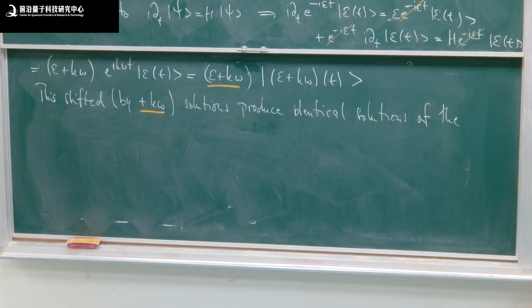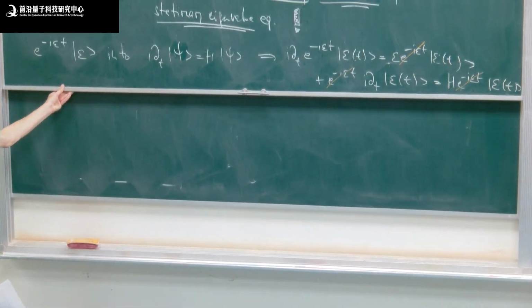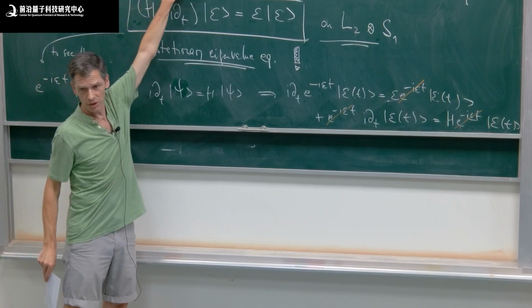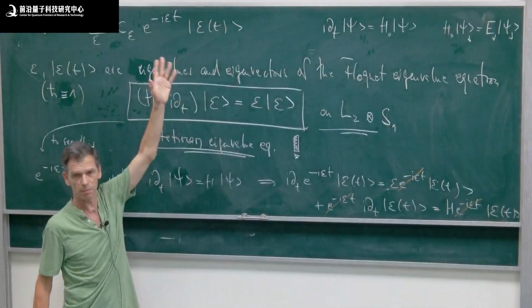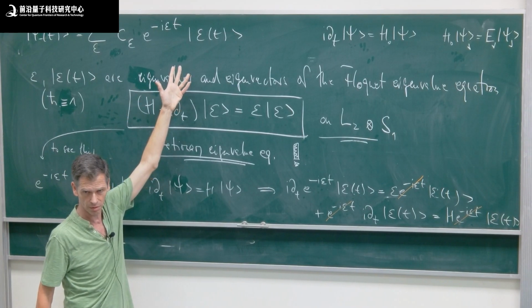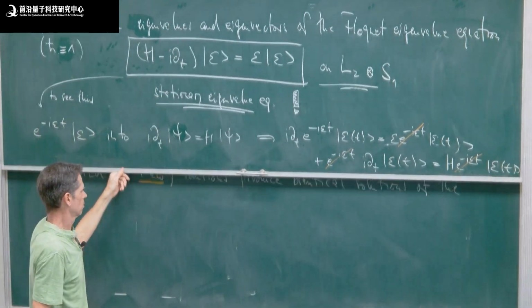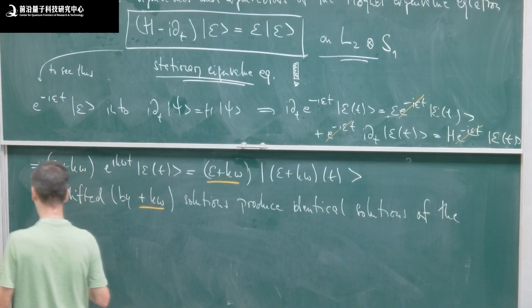Meaning, if I take the representation of a given solution in terms of the epsilon of t, and I replace all the epsilon of t by the epsilon plus k omega of t, I get the same psi of t.